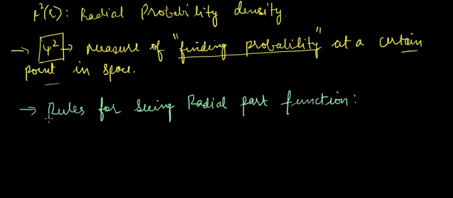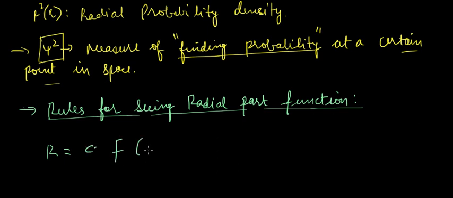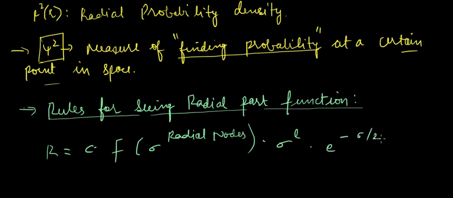So R would be something like c times f of sigma to the power radial nodes. This is the maximum radial nodes we are referring to here. Then sigma to the power l, where l is nothing but the azimuthal quantum number. Then we have e to the power minus sigma by 2.